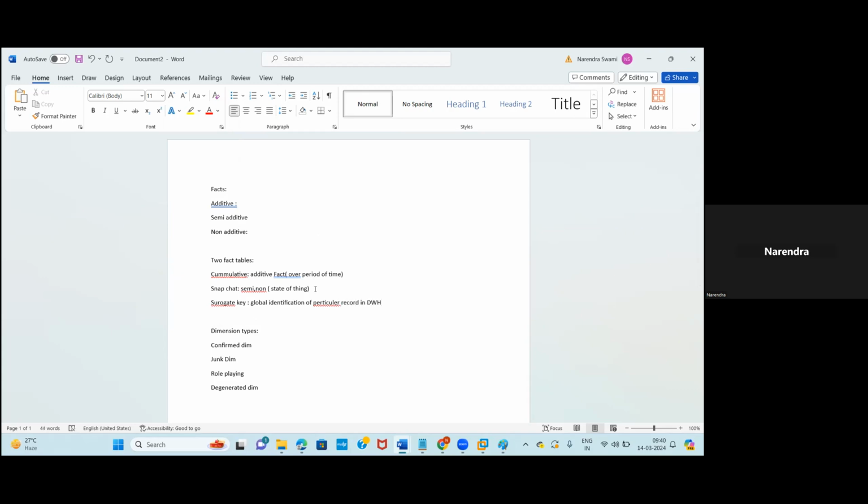If you are going to search for a particular record, such as the current record, you have to fetch it through the surrogate key only. A surrogate key is a unique identification number in a data warehouse for a particular record.